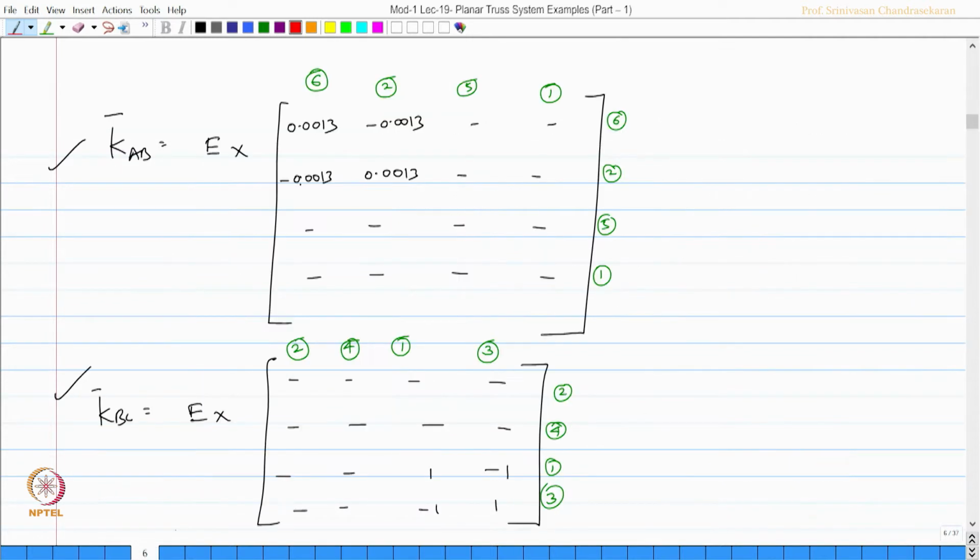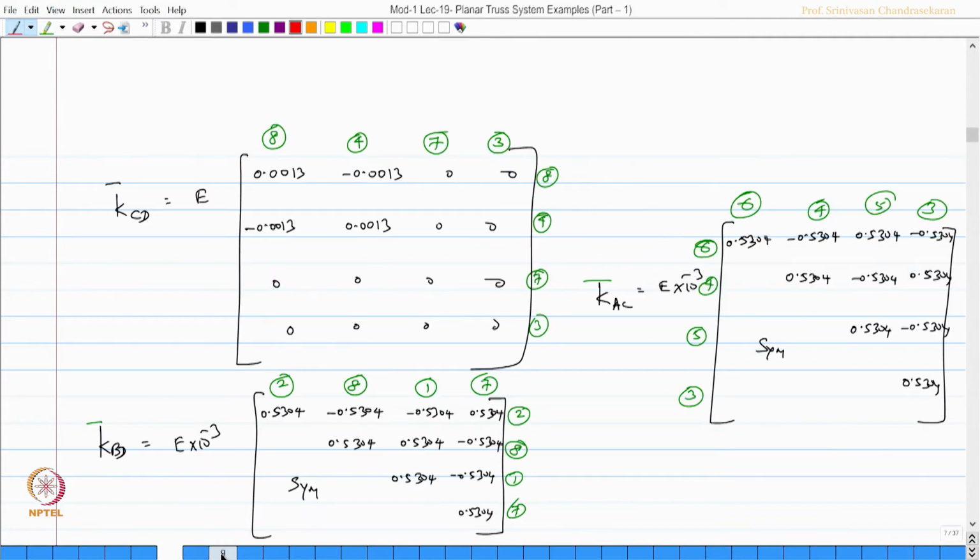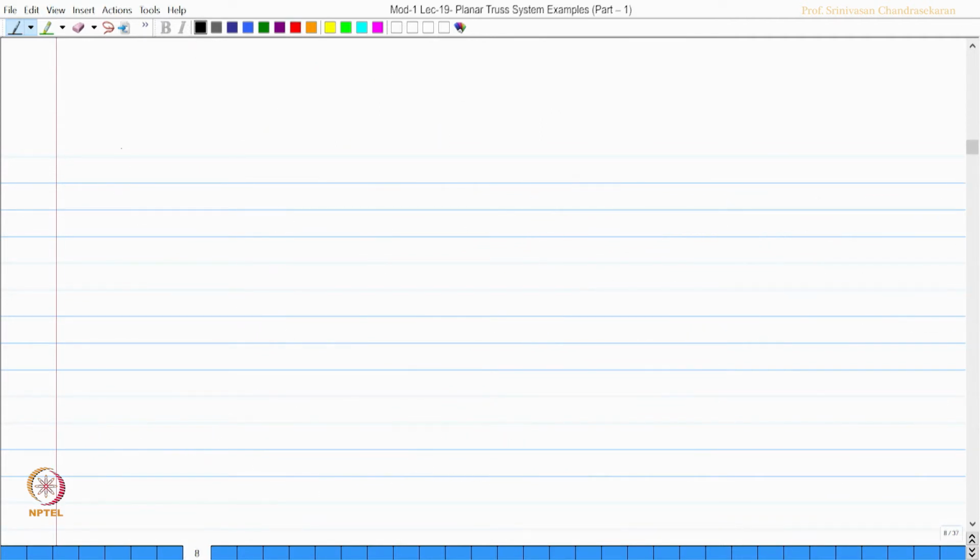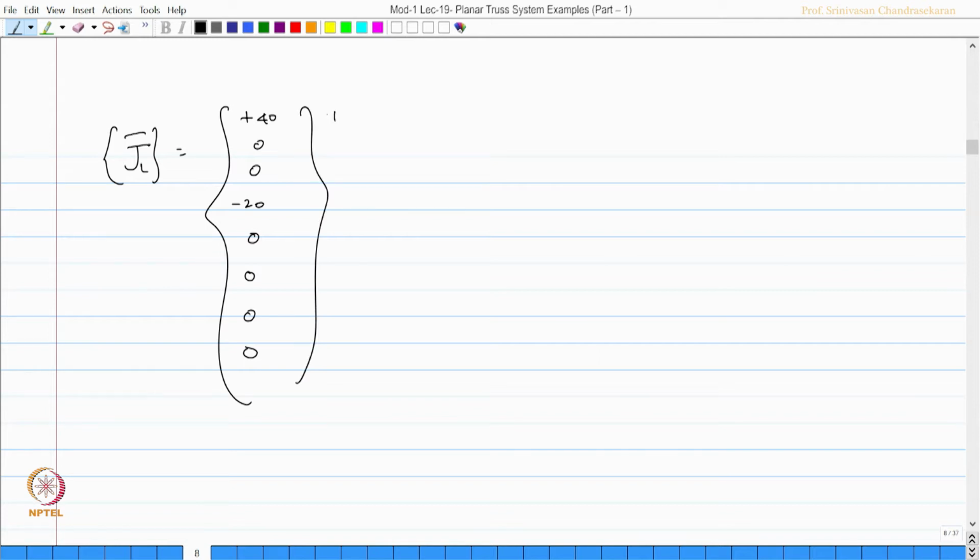So, let us write the joint load vector in a simple term like this. The joint load vector bar, that is the global, is plus 40, 0, 0, minus 20. The labels could be 1, 2, 3, 4 and 5, 6, 7, 8. So, there is a partition here.